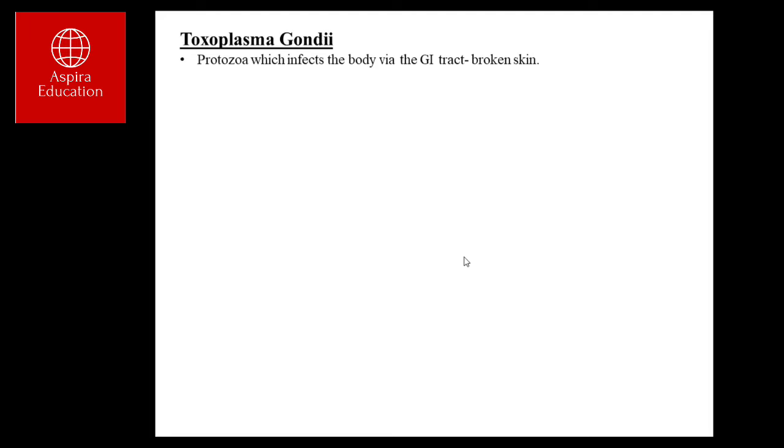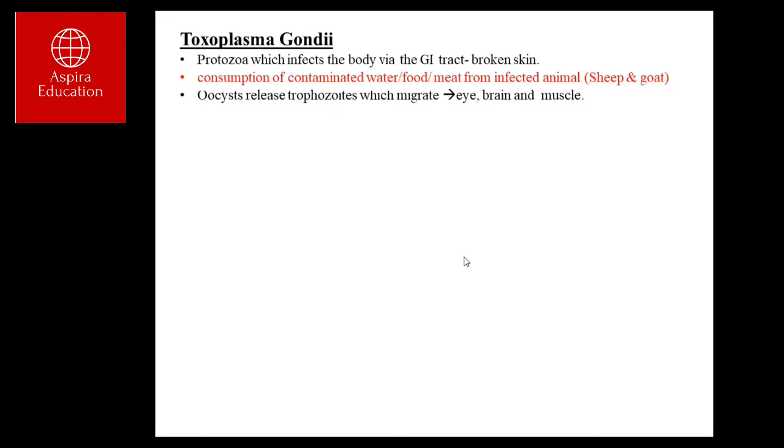Toxoplasma infection. Remember, toxoplasma is a protozoa which infects the body via the GI tract, by the food, or by broken skin. The common risk factor is consumption of contaminated water, food, or meat from an infected animal. I'm going to discuss the life cycle in the next slide. But remember, it's basically the sheep and the goat that are part of the life cycle of the toxoplasma, which maintains the pool of toxoplasma.